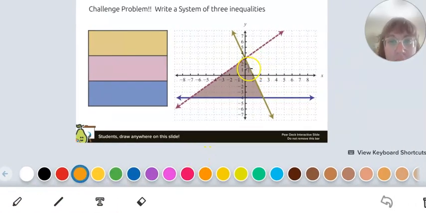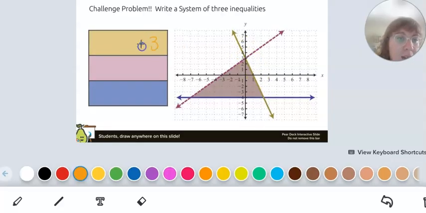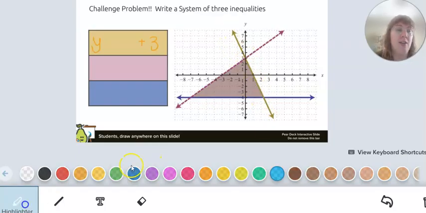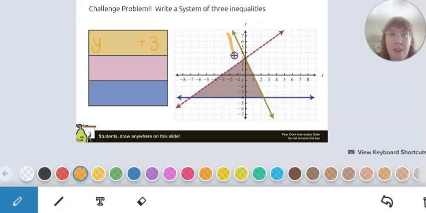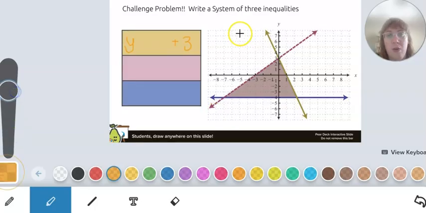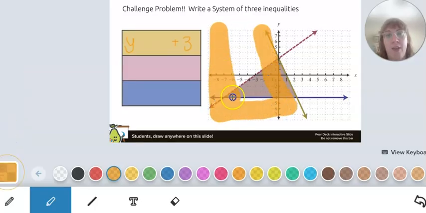It's close enough. So our y-intercept is 3. So we're definitely going to have a +3. And we always start with y. It is a solid line, and it's shaded below the line. So really the shading for this whole line would be all of this.